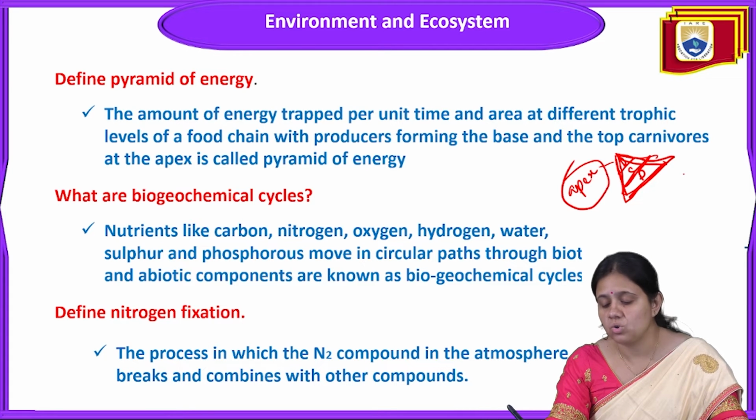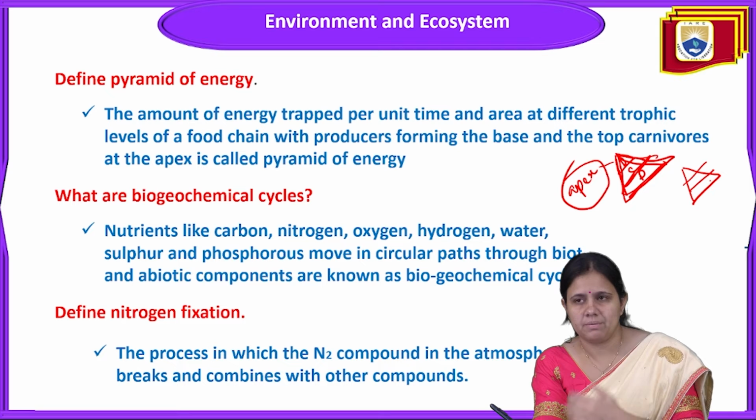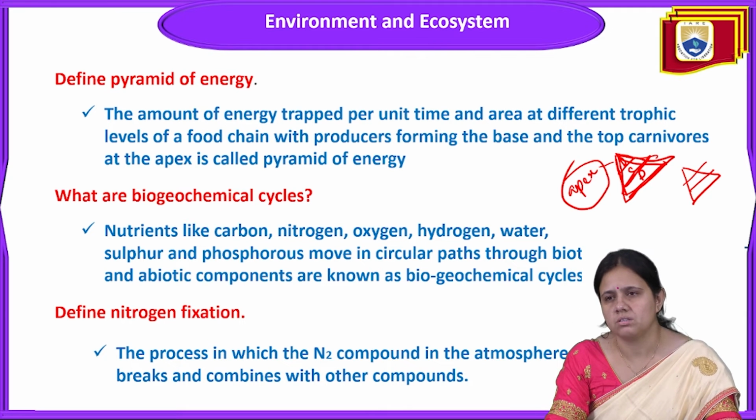Pyramid of energy is always in the shape of a pyramid, because already we have studied about the 10% loss of energy. From a lower trophic level to a higher trophic level, obviously some amount of energy has been lost. So due to this loss of energy, this pyramid will be formed.